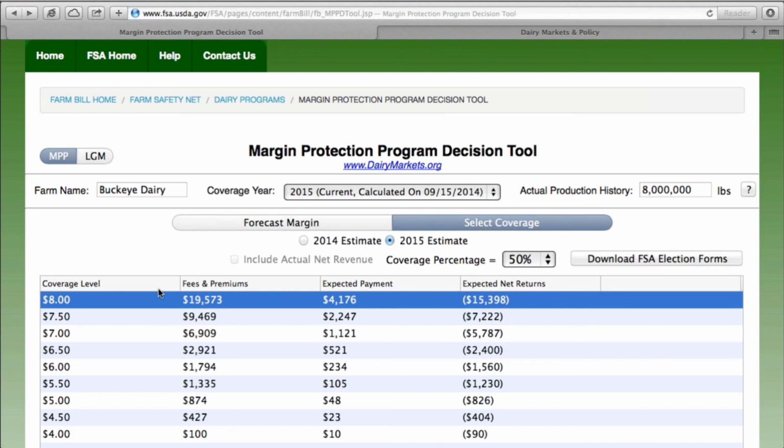How does the feed ration for MPP compare to LGM? And this will be our last question. The feed ration for MPP is in the Farm Bill. It's fixed. Those parameters don't change. Similar to the feed components used in the MILC program, those parameters did not change as well. Whereas LGM dairy is fully customizable.